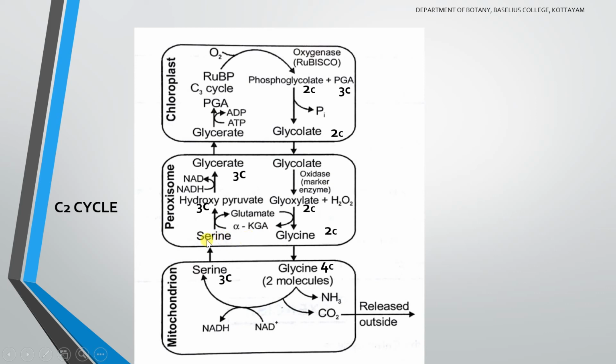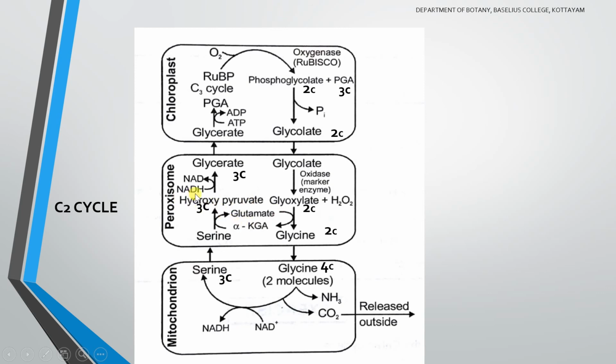So what happens? The amino group from here is transferred to this 5-carbon organic acid, and the COOH group from here is transferred to serine. So the resultant products are a 3-carbon acid, that is hydroxypyruvate, and a 5-carbon amino acid, glutamate.